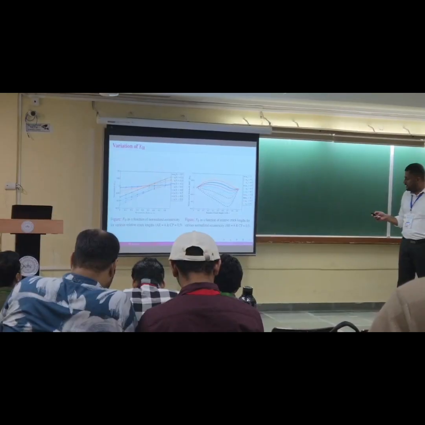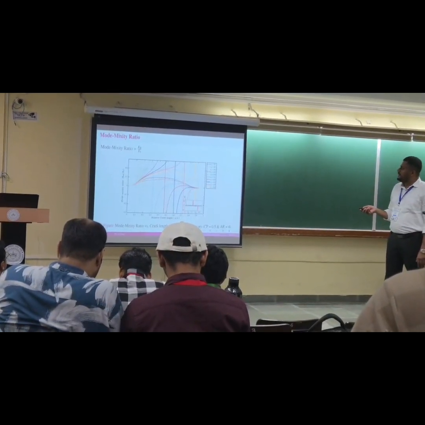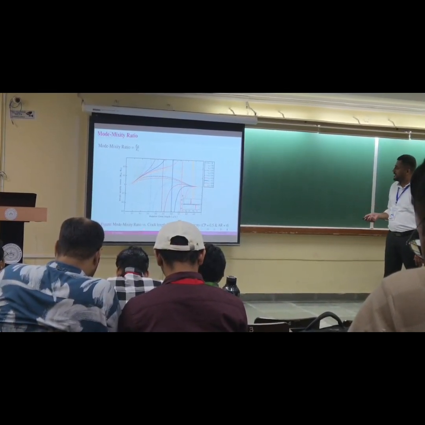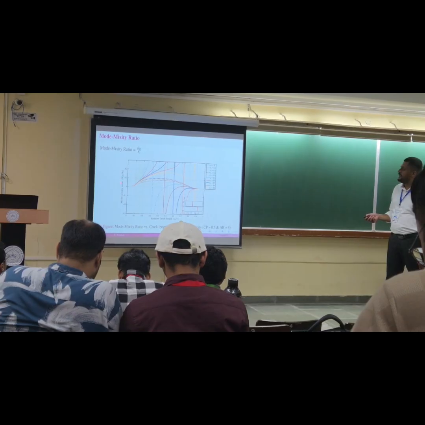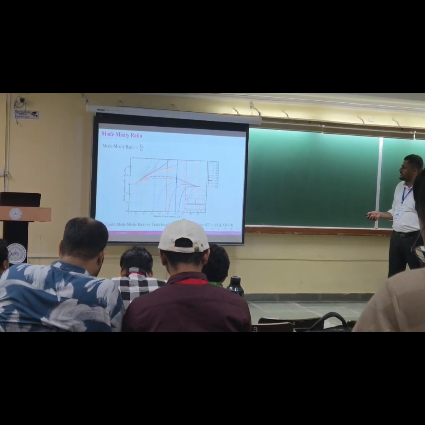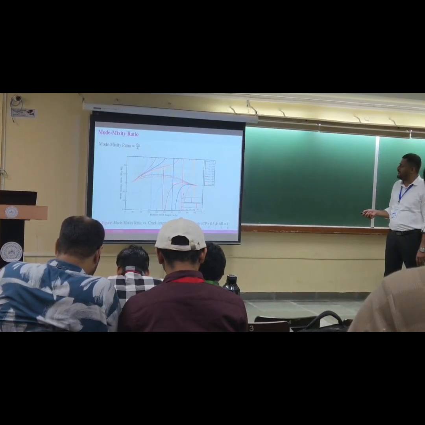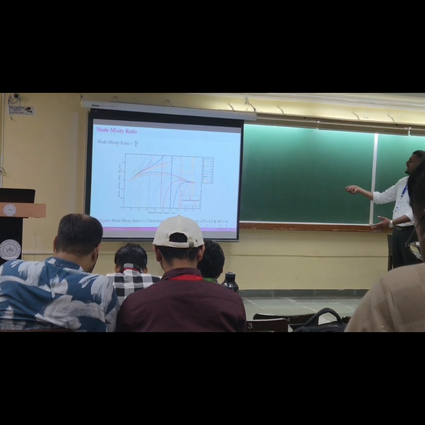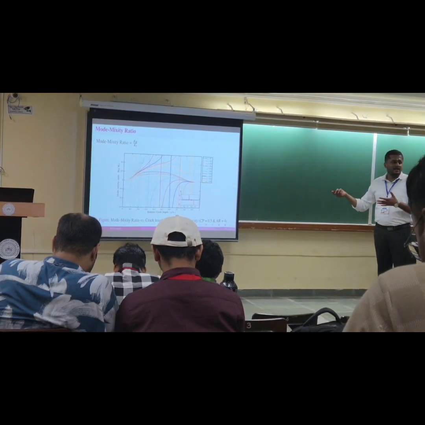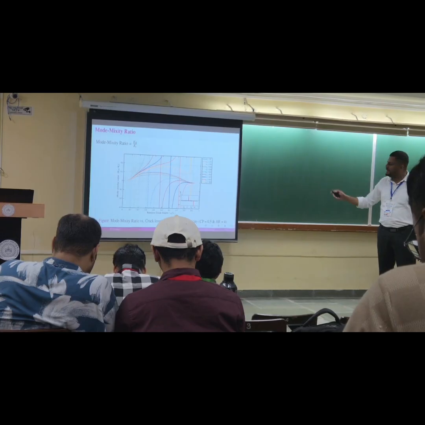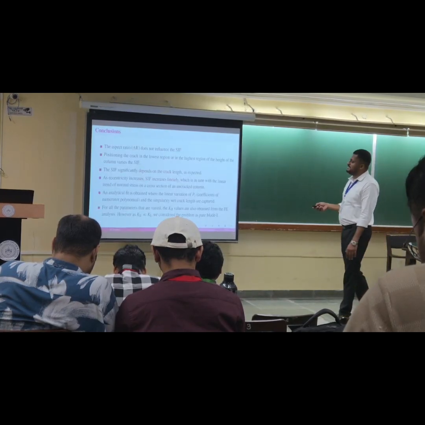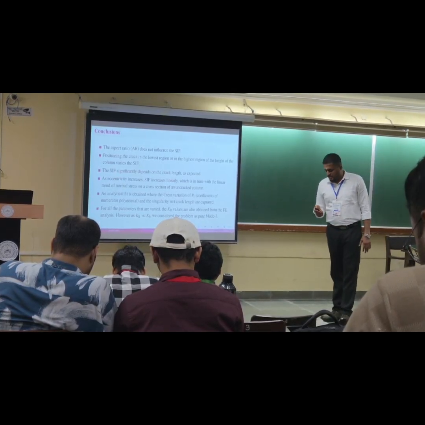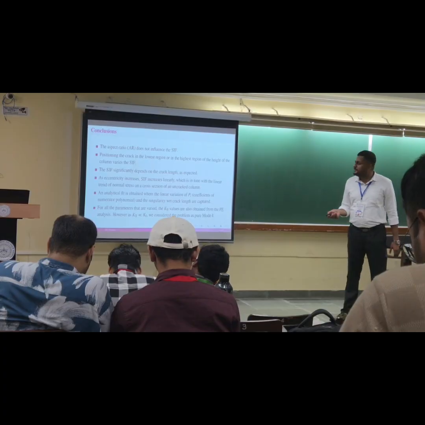These works are on the way. We also have the mixed mode ratio. It shows that K2 is only a small fraction of K1, only spanning from minus 0.1 to 0.1, so it's a negligible value. So we concluded that it is more or less pure mode 1.